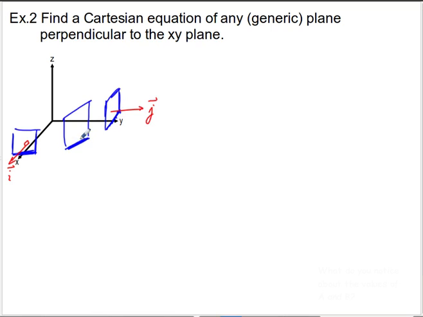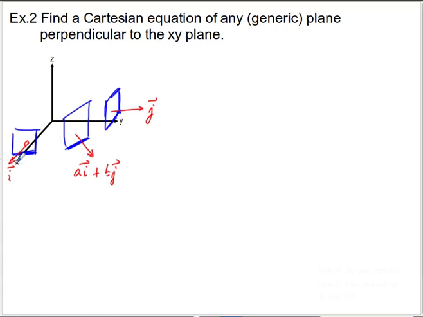And then at this point, we would have some combination of the i vector and the j vector. And if we were holding this piece of cardboard, we could continue to slide it in a circle. We could go anywhere around. We could move further away from the origin, closer to the origin.